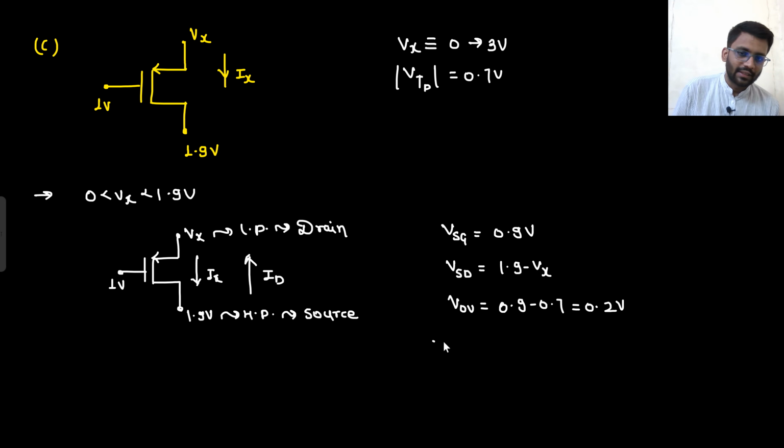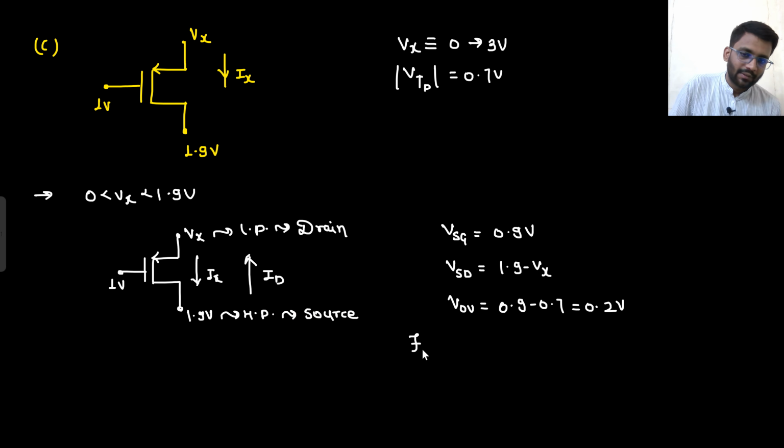So what do you see here is, what is your VSD? Let's write down the condition. VSD depends on Vx, so your region of operation will also depend on Vx. How?